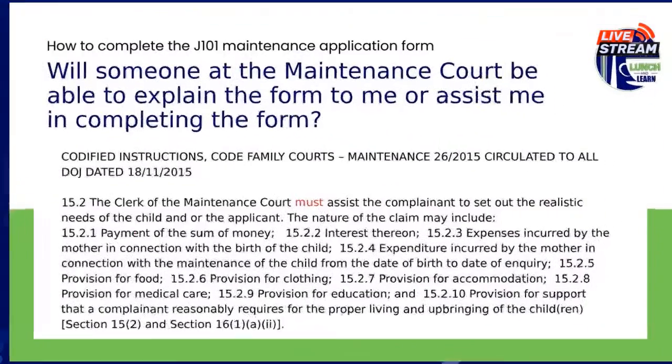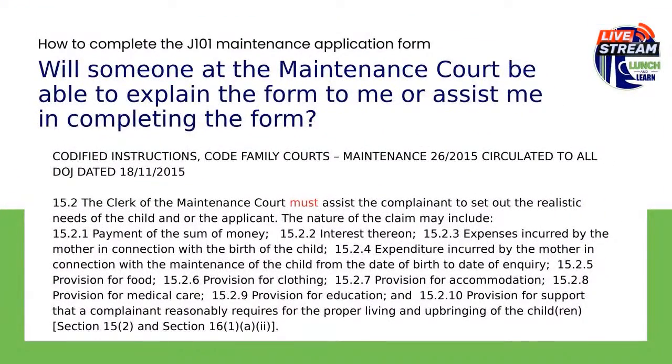So the next question would be, will someone at the maintenance court be able to explain the form to me or assist me in completing the form? The DOJ has what they call the Codified Instructions Code family called maintenance. We basically refer to that as the DOJ Code 26 of 2015. That is basically a policy document issued to all the DOJ personnel, instructing them on how they should conduct certain issues pertaining to family courts and maintenance matters.